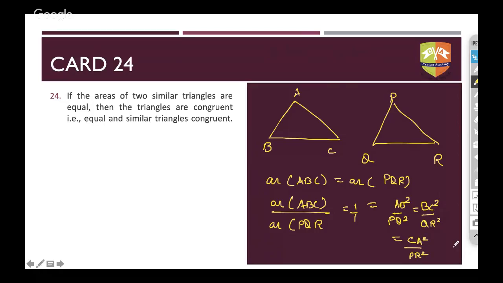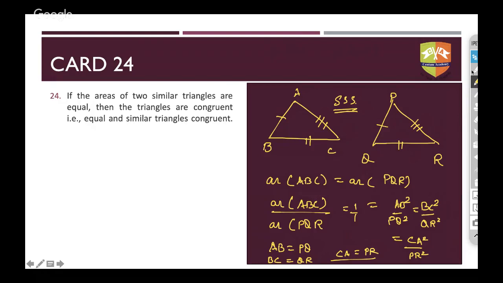And all the ratios are 1. That means from all this you can say AB is equal to PQ and BC is equal to QR and CA is equal to PR. Hence, these sides are equal, so these two triangles are congruent by SSS criteria.